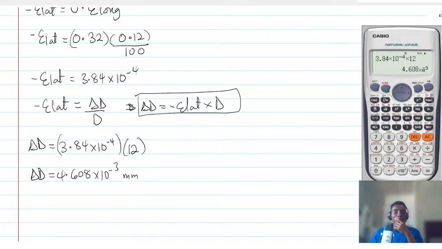So I want to do this with you. The picture is not really clear, but let me try and see if I can get it.